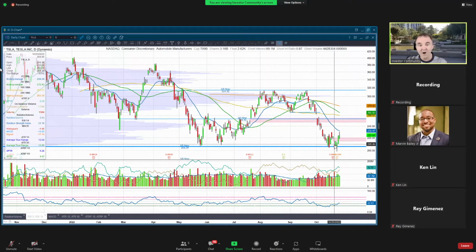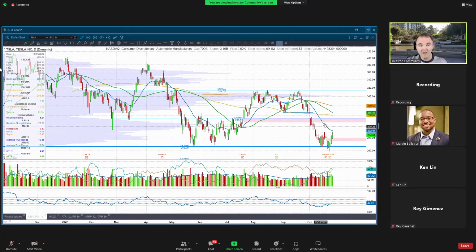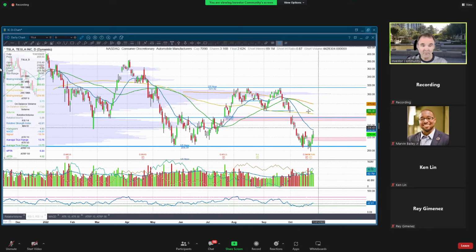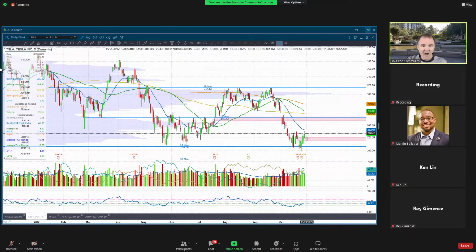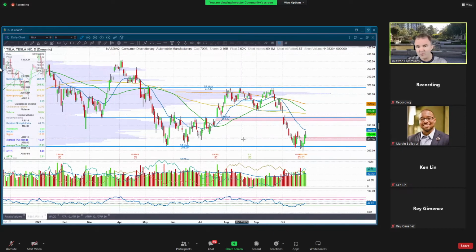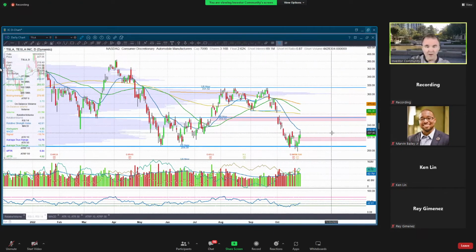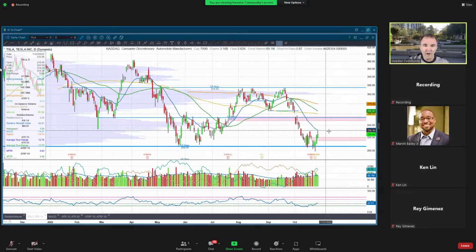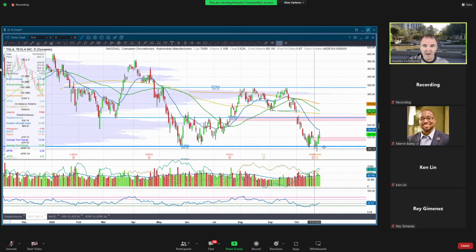It wouldn't surprise me now to see Tesla moving up out of this hole, getting back up to the top of this range, and maybe it needs to consolidate in here. Maybe we can see some good news to break it out, but I wouldn't expect a ton until our next production reports come, and any sort of guidance that they have going forward. Yeah, again, another one where I really think the bottom is in.